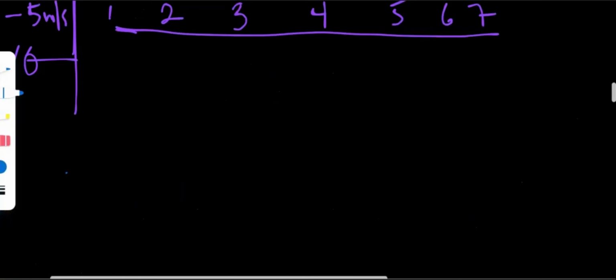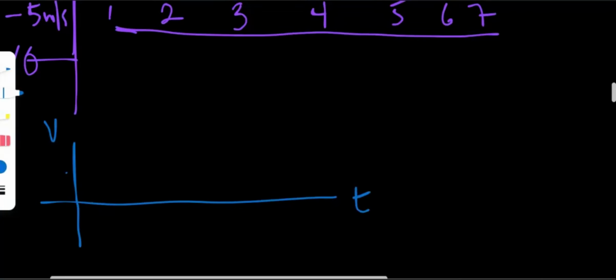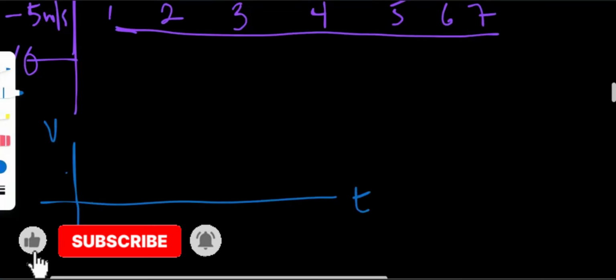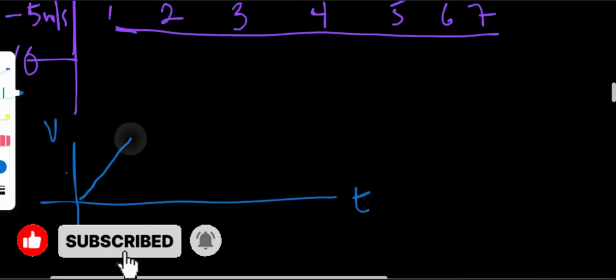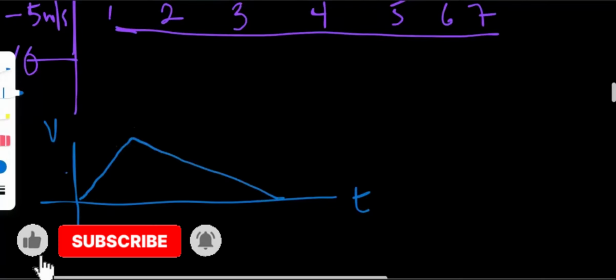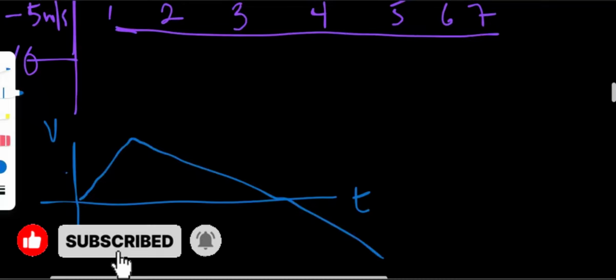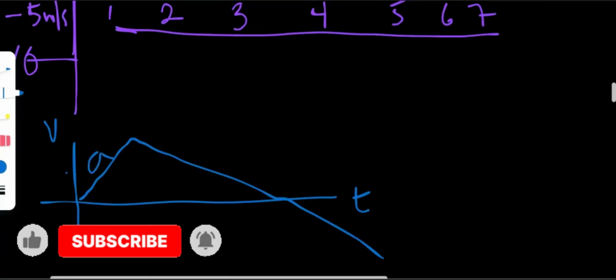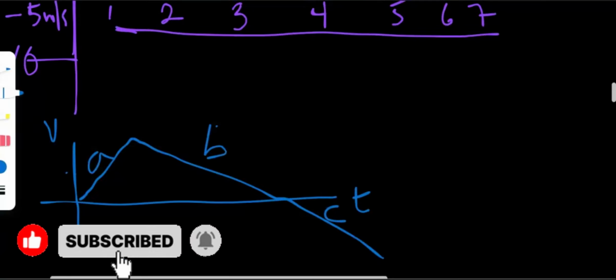Now for us to plot the graph, this is the velocity and this is the time. And we know it started from 0 here to 1 second. Then it came down this way and came down this way. So let's call this part A, B, and C.